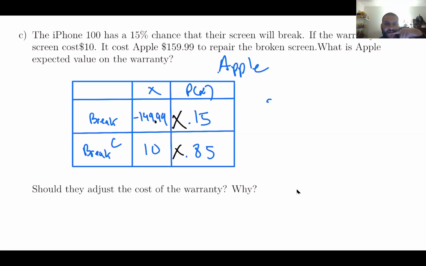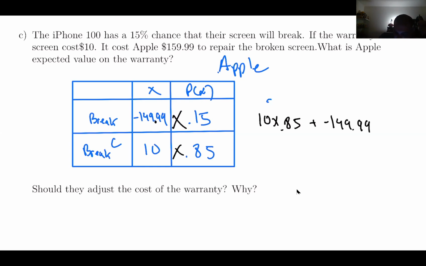All right. So up next, what you want to go ahead and do is multiply. So we do 10 times 0.85 plus a negative 149.99 times 0.15. So let me go ahead and do my TI-84.